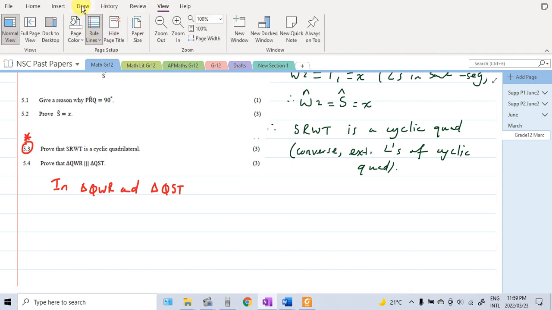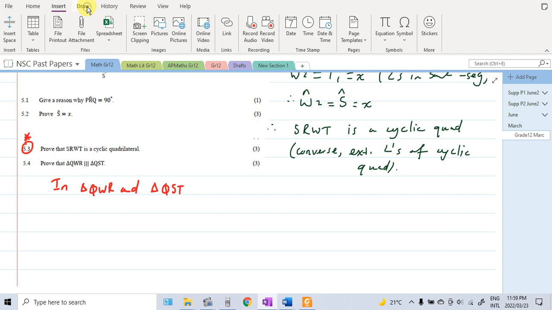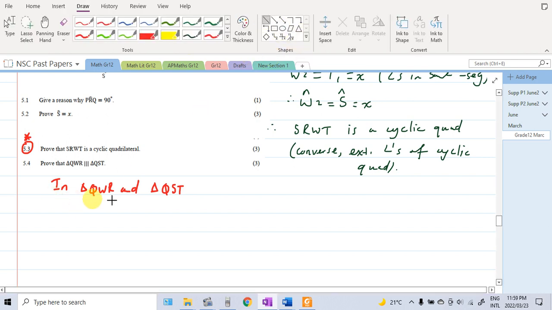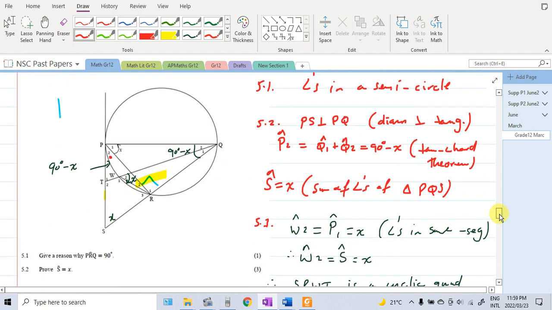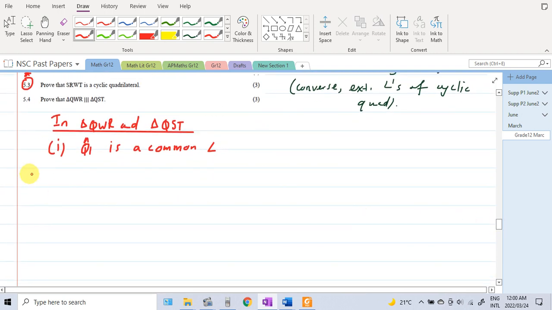Number one, angle Q1 is a common angle, right? Angle Q1 is common to both. Second one, angle W2 is equal to angle S, which is equal to X, proven in question 5.3.